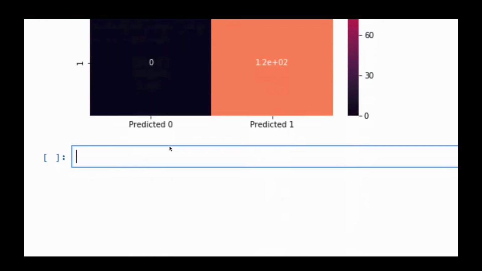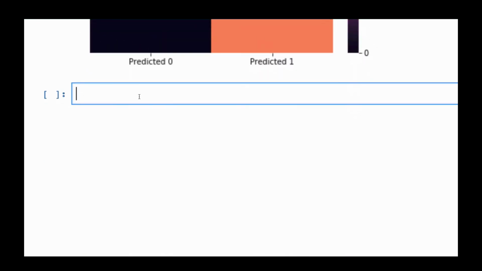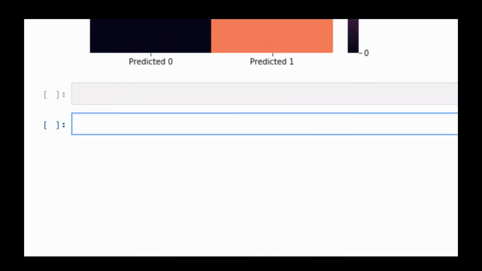All right, so let me leave this space, and then we can start building what is called the random forest classifier. Let me convert this to a markdown, and then write it over here: Random forest classifier.